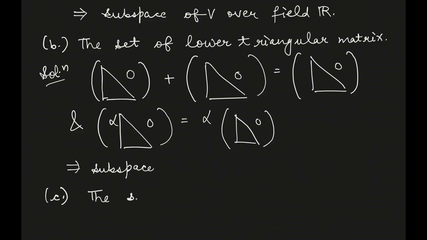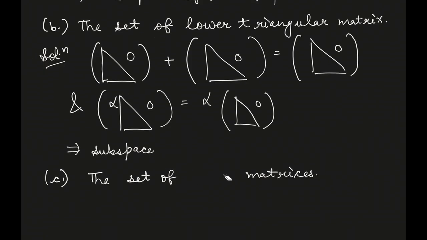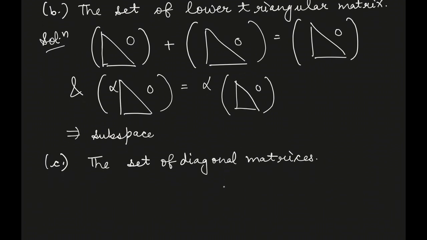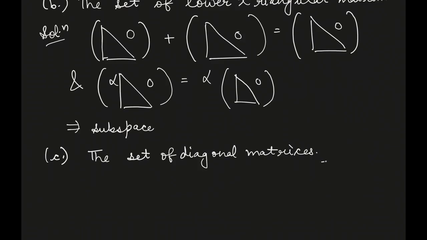The set of scalar matrices, or before that, the set of diagonal matrices. What is a diagonal matrix? We have entries on the main diagonal and other entries are 0. If I have a 3 cross 3 matrix, only entries on this diagonal will be there, the rest will be 0. So will this be a subspace or not?